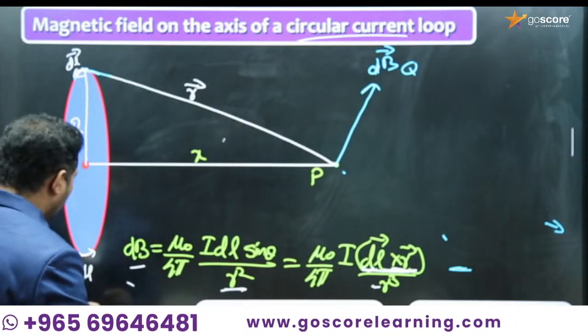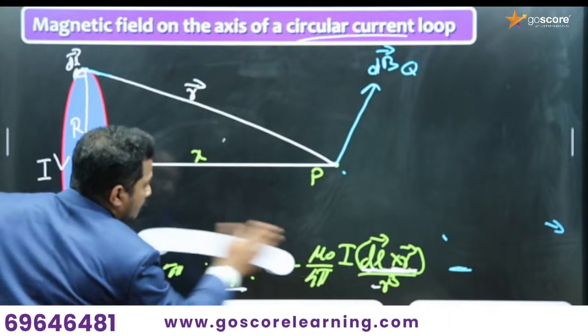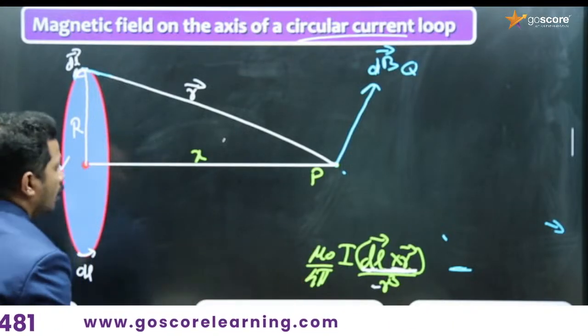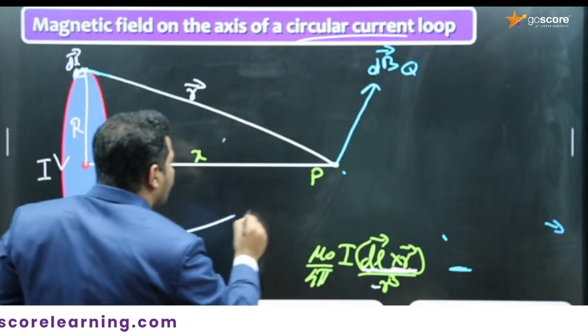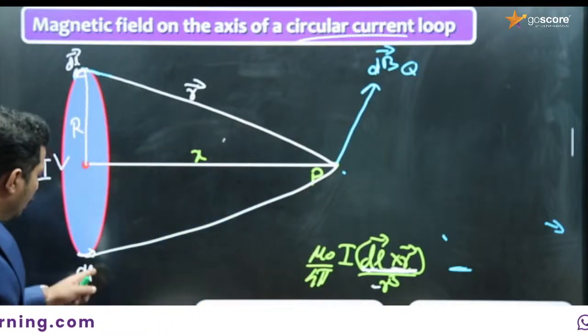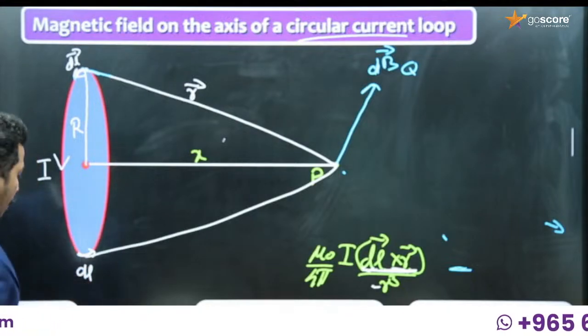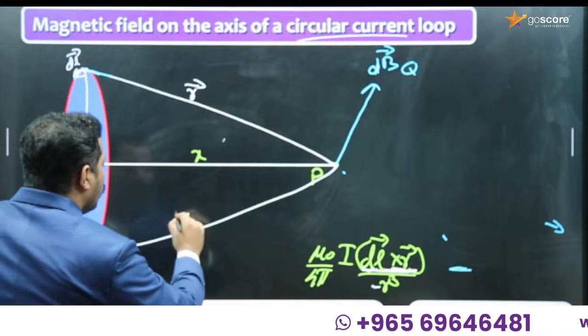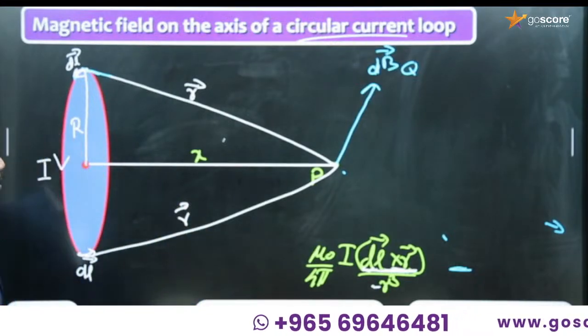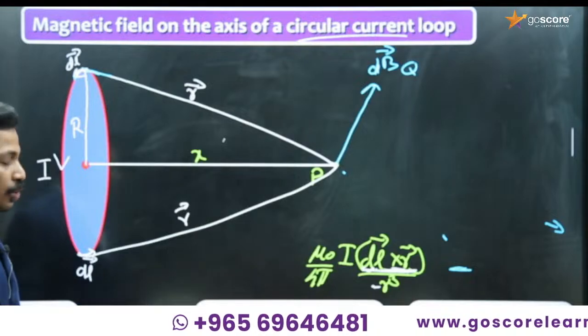At point P there will be a magnetic field due to the diametrically opposite current element dl, and what will be this distance? This will also be r, right?